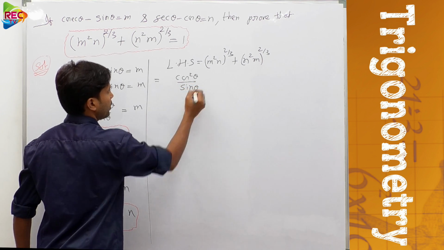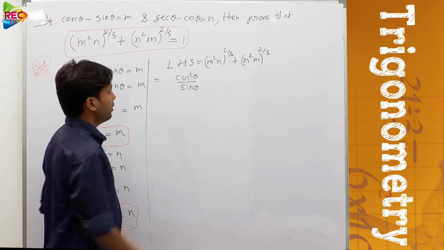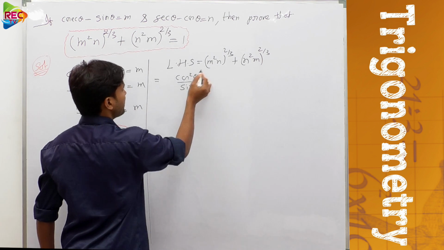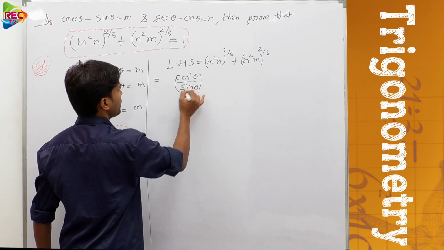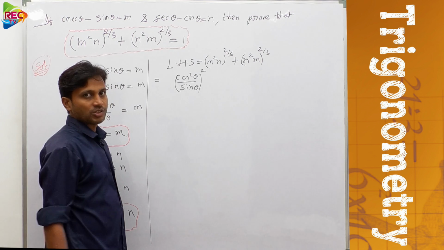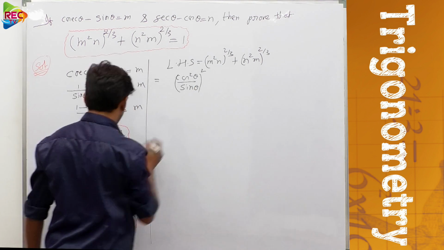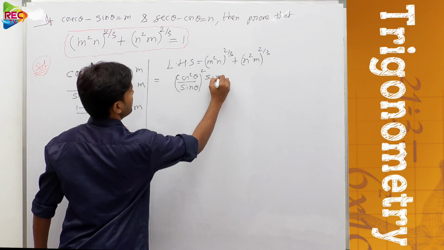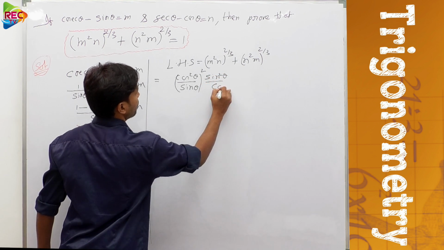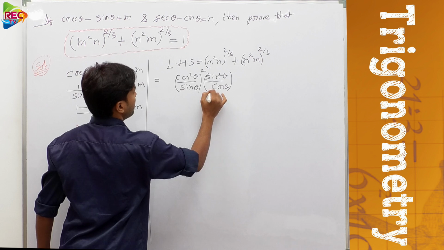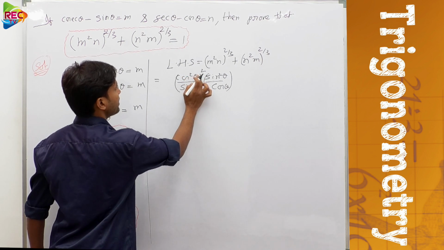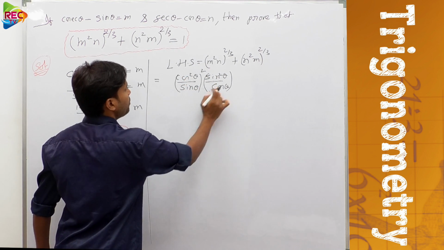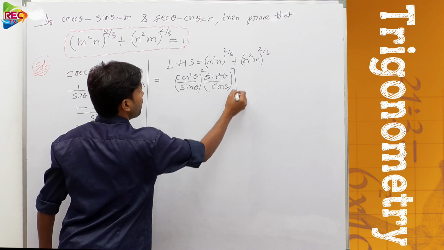This is the value of m, so we need to make it square. N, what is the value of n? Sin square theta by cos theta. This is m square into n whole to the power of how much?